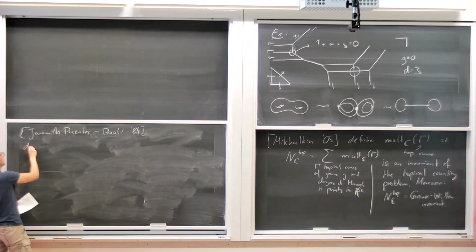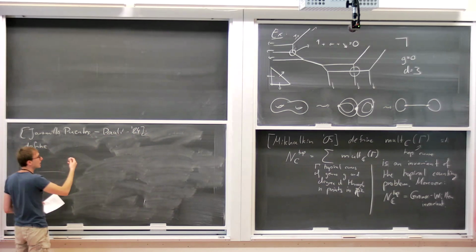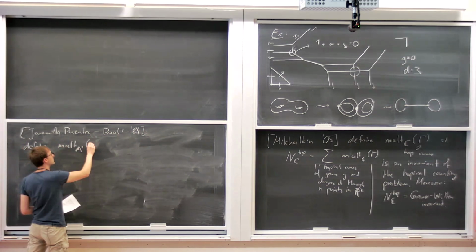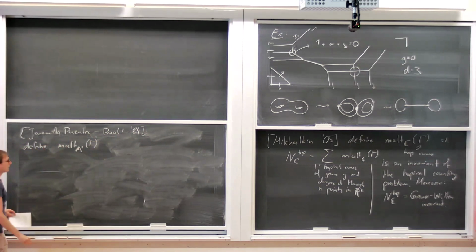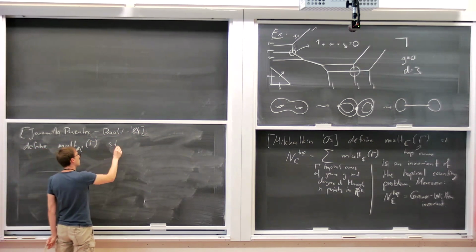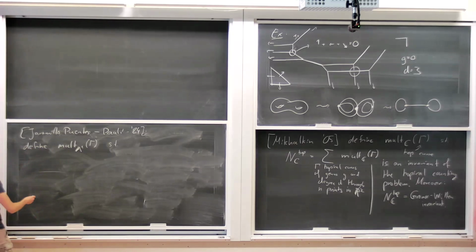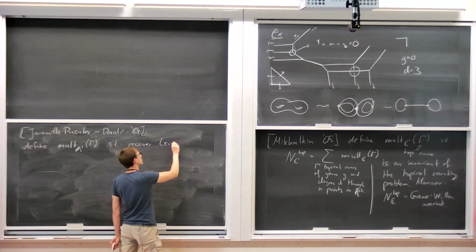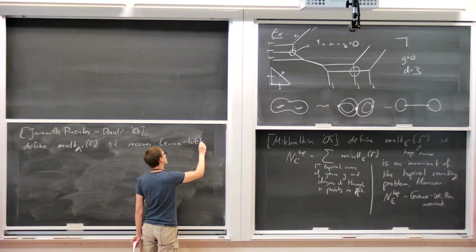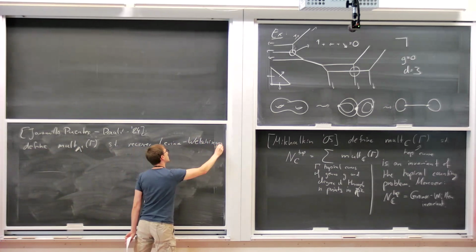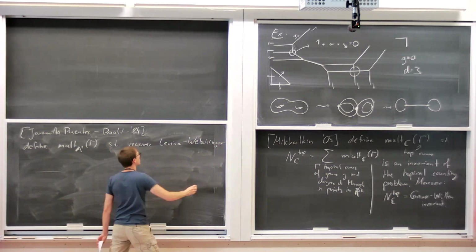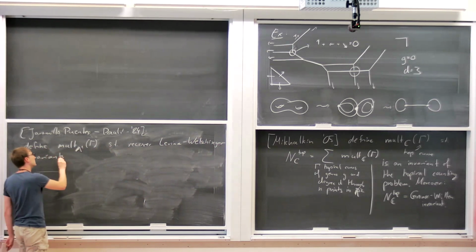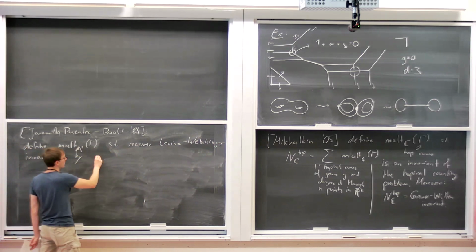So what they do is they define a new type of multiplicity, which I'm calling the A1 multiplicity of a tropical curve gamma, such that we recover the Levine-Welschinger invariant by a tropical curve count.